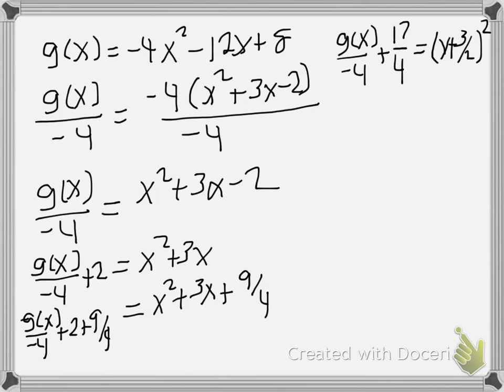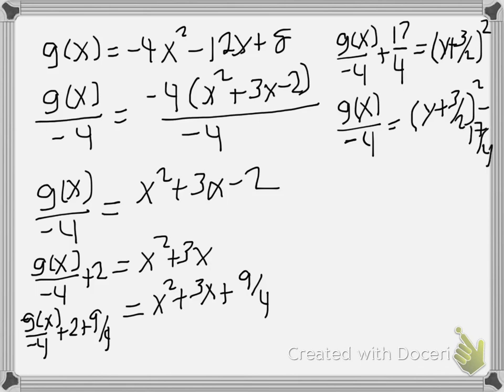So g of x over negative 4 is going to equal x plus 3 over 2 squared minus 17/4. So again, it's just being practical, knowing that you guys can actually add, subtract, multiply, and divide with fractions.